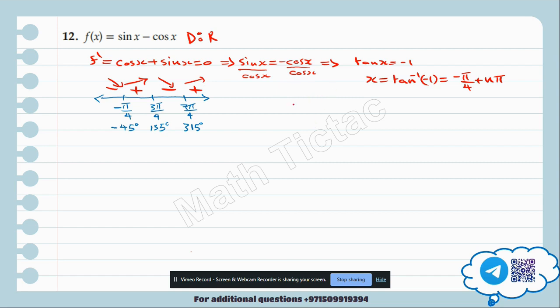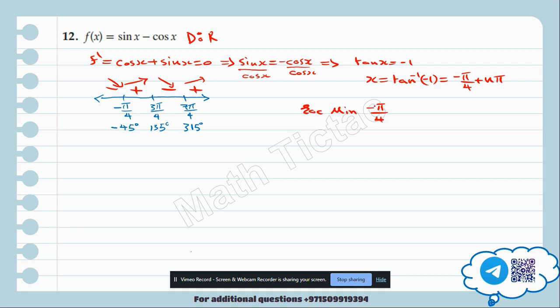So in here, I can write the local minimum points. So in here, local minimum at minus pi over 4.